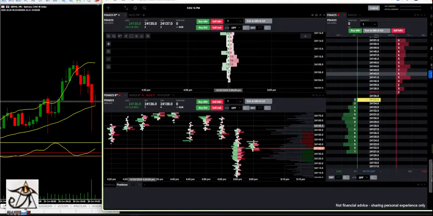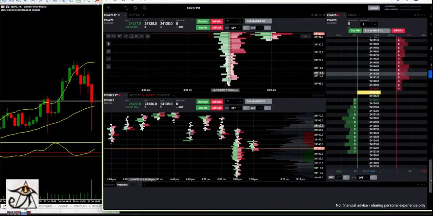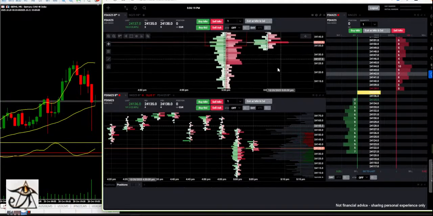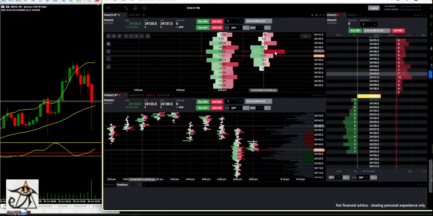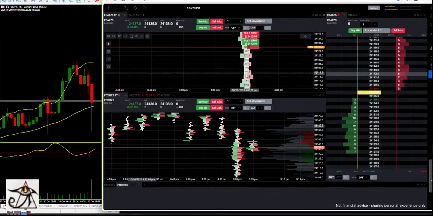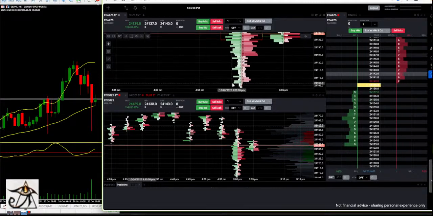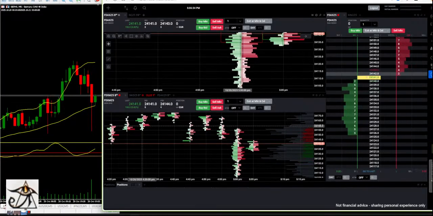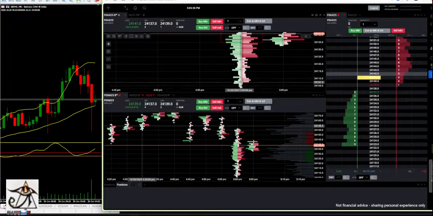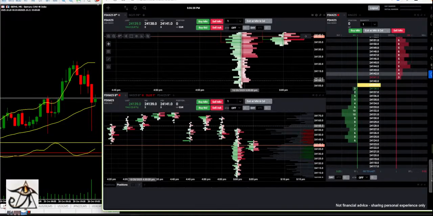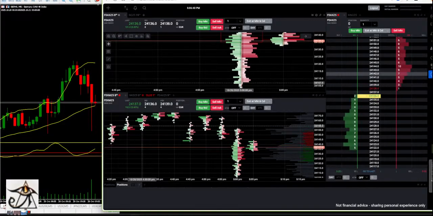We've got the bid order for 13 and 14. Oh, something's going on up here, 18 contracts, nothing too major. So we had 13 and 14 contracts on the bid side, indicating it's a bit bigger than the rest of the order flow. It might be some buying coming in, followed by some ask orders coming in above those bid orders.